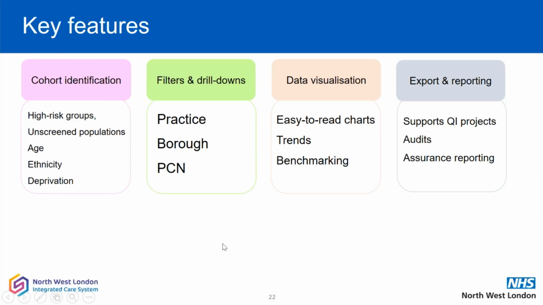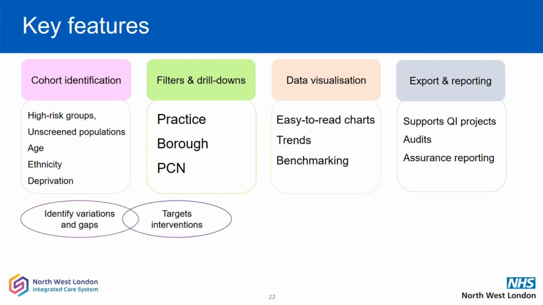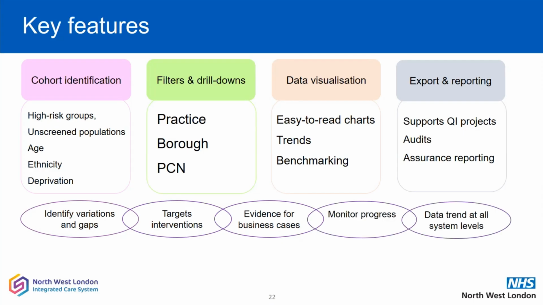So I just want to talk you through some of the key features. There's cohort identification. For example, we can drill down specifically to those people with a cervix in specific age groups or deprivation quintiles who are unscreened, overscreened, underscreened or overdue a screen. The filter and drill down option lets us look at data by practice, PCN or borough.